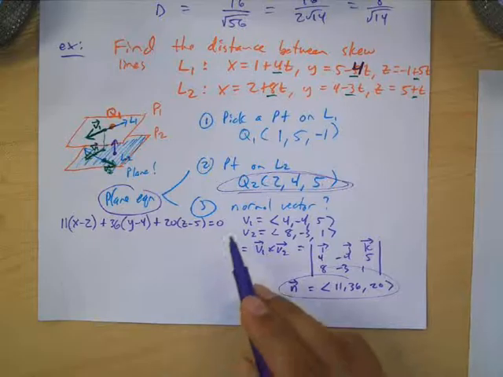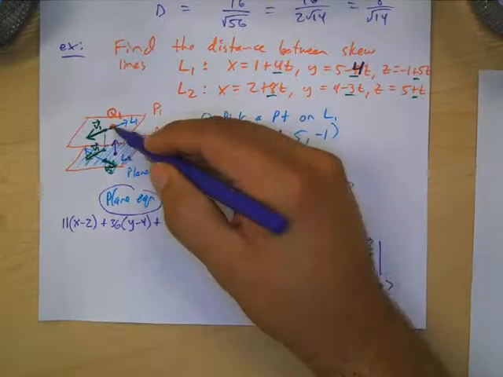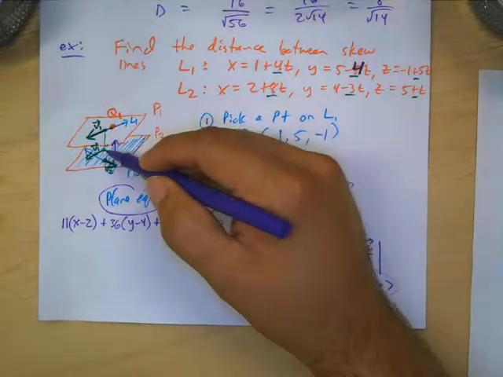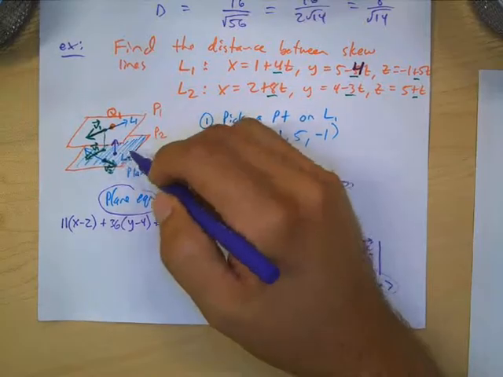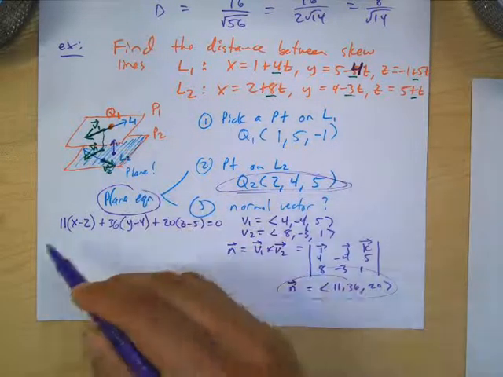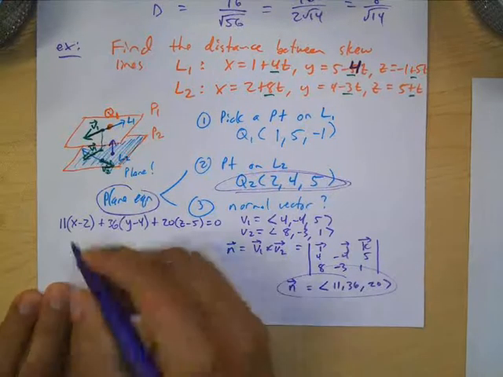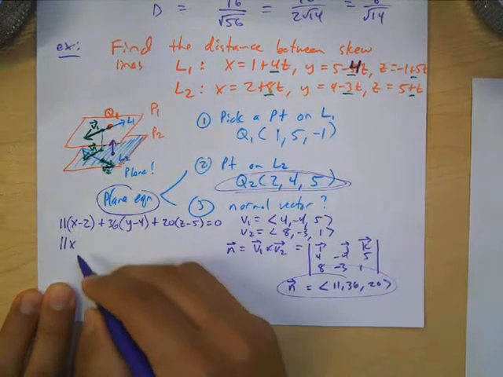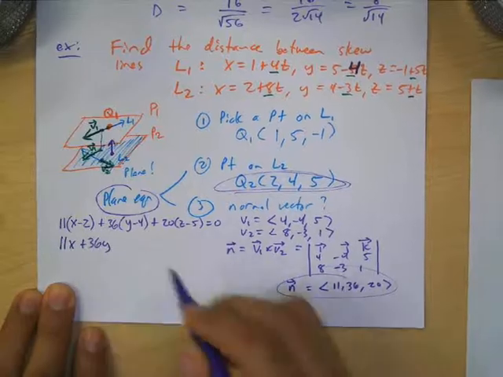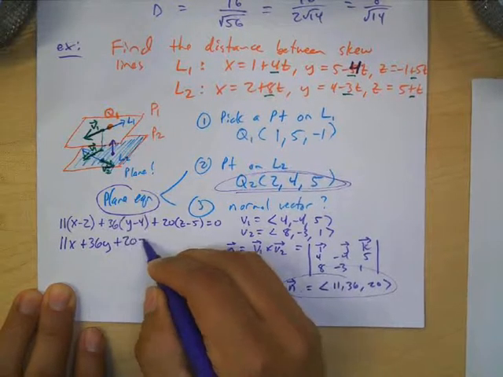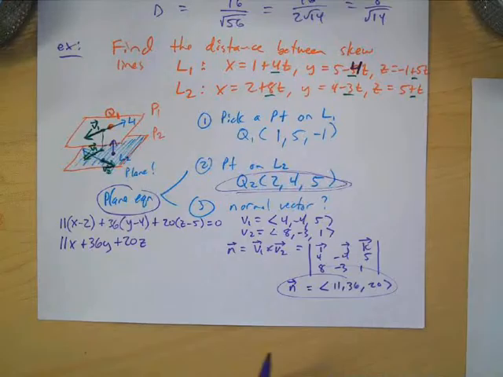But if we're going to do the distance from Q1 to plane 2, Q1 is set up properly. Plane 2 is not in the proper format right now, so we have to multiply it out and move things around, right? So we'll have 11x, 36y, 20z. Now the constant, negative 22.